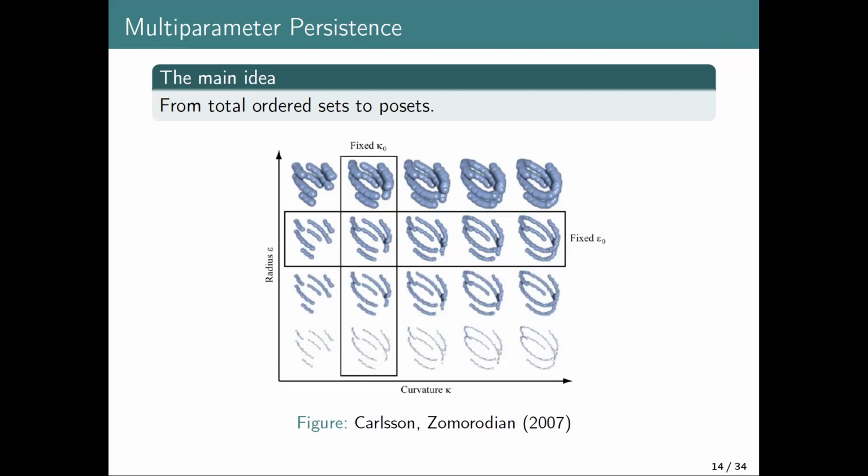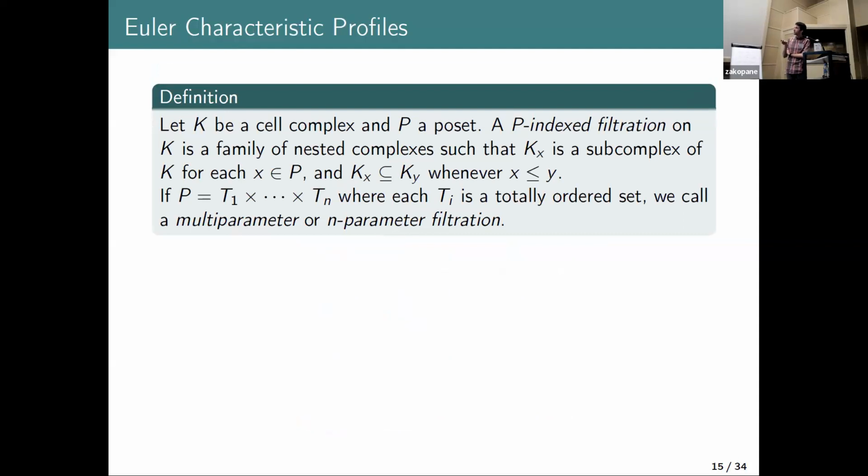Okay, so can we generalize the concept of the Euler characteristic curve to these more general settings? Yes, we can. First of all, to tell you what a poset-indexed filtration is, which is basically the thing that I just said: you take a poset, and you have the same condition as before. Whenever you have x lesser or equal than y in the poset, then the subcomplex A_x is included in the subcomplex A_y.